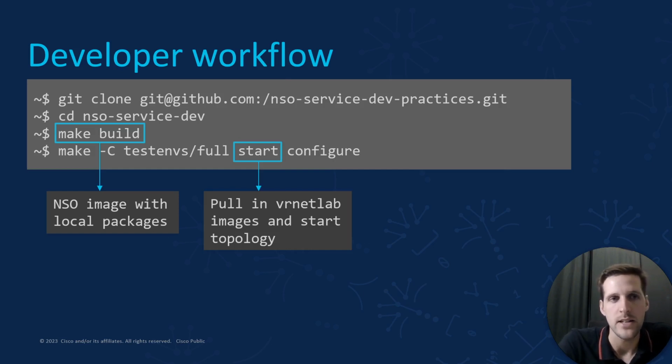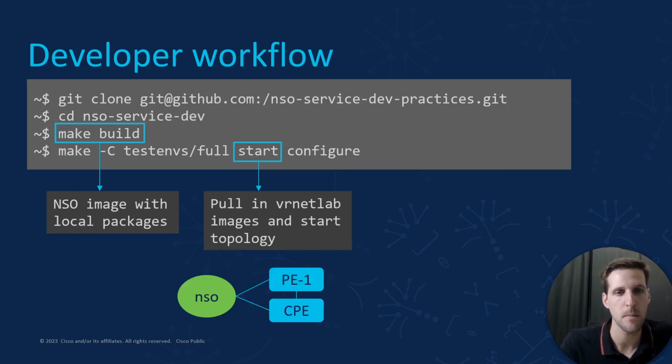Then you select the environment that you want to run and use the test environment full start command. So pull in via netlab images and start the topology, and also start the NSO out of the image that was built in the previous step. So we have the topology up and running, neatly connected.